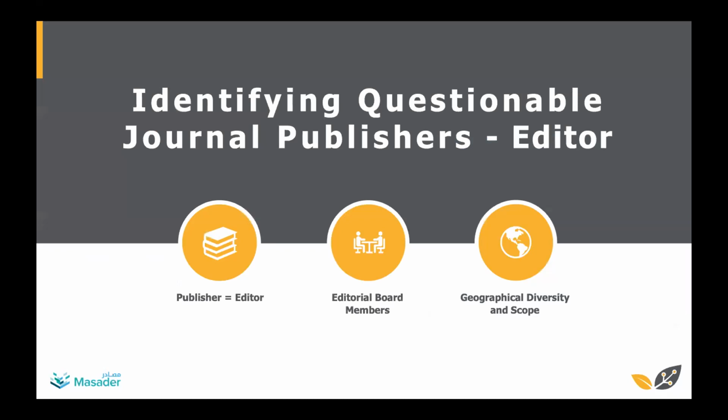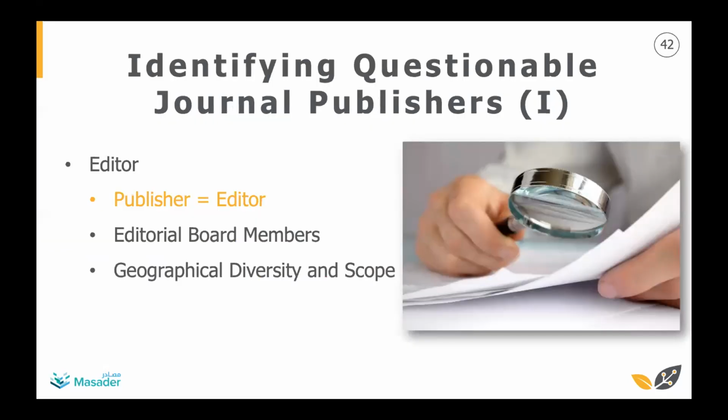So how can we identify and recognize these predatory journals? We have three main aspects. The first aspect is editorial and editor practices. The first point here is that within these predatory journals, usually publisher equals editor. What we mean is these kinds of journals will not perform a proper peer review process for all the submitted manuscripts.